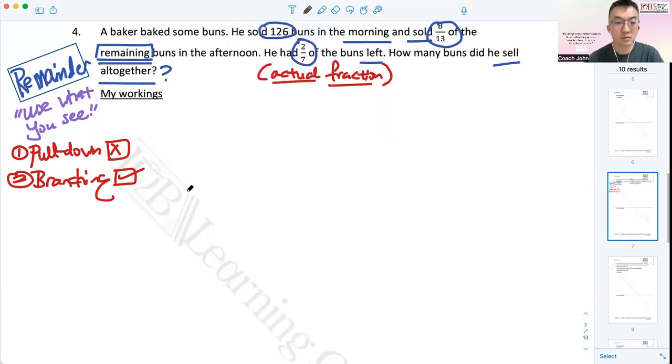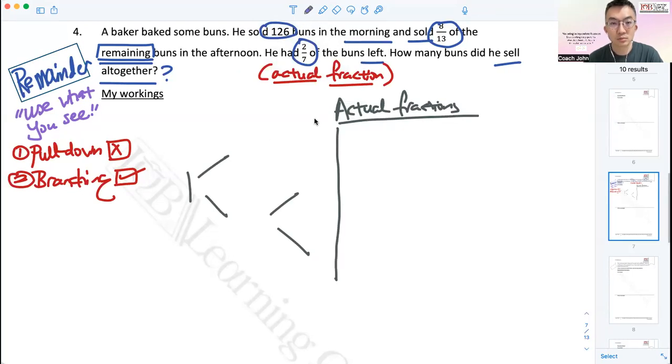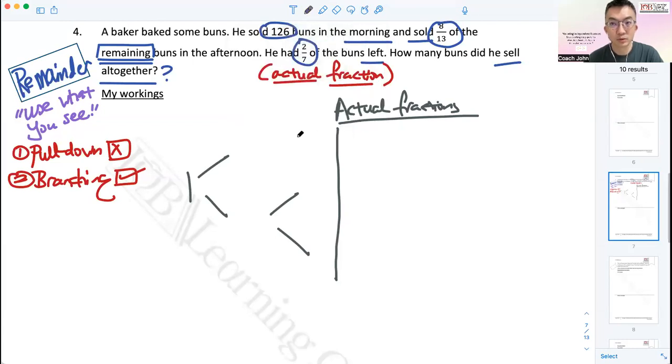Okay, what do you see? So you do this. It's like that, then it's like that. Then you put here the actual fraction. Then you do this. Next, please be able to teach your kid how to put out the framework.